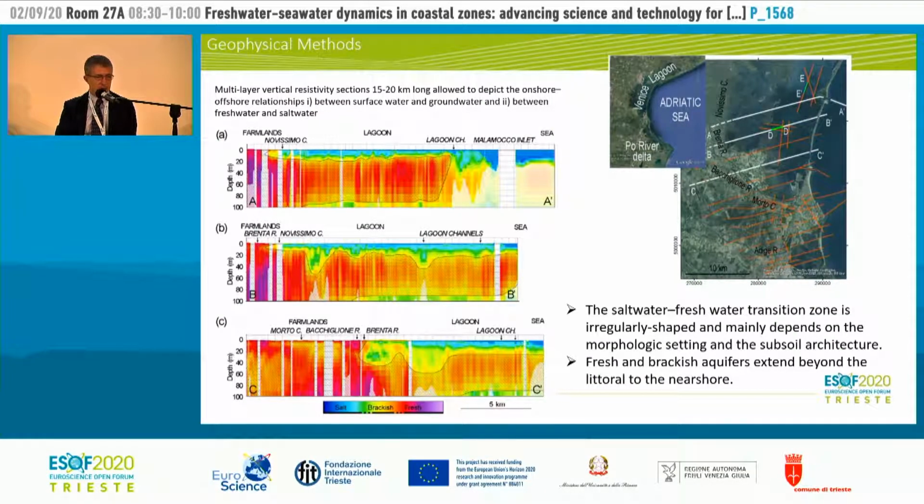One example is again from the same region. It is the southern part of the Venice Lagoon, and without getting too much into the details, here you can see red is fresh water, blue is saline water. There are two aspects. One is that saline water is actually encroaching into the land, but also as you go down to around 100 meters, you realize that there is a lot of fresh water below the sea.